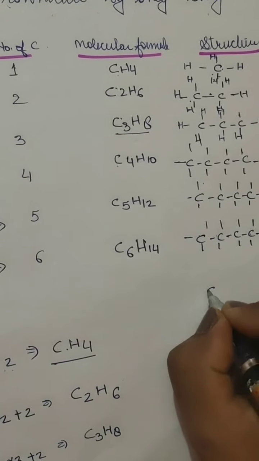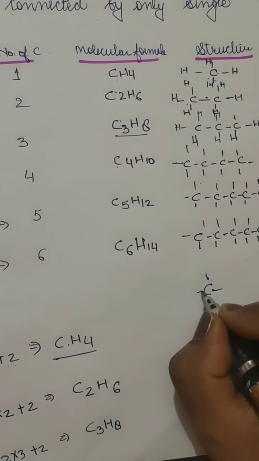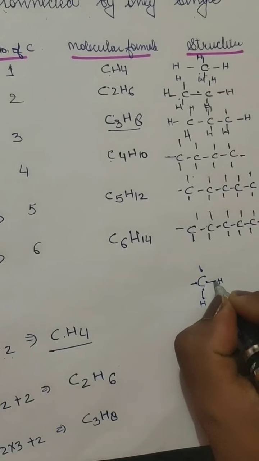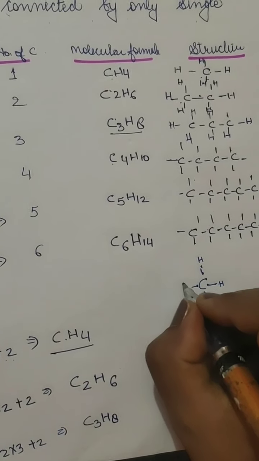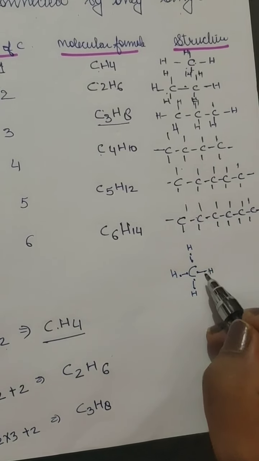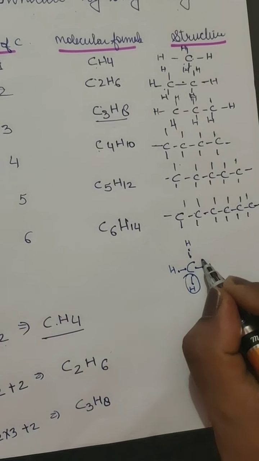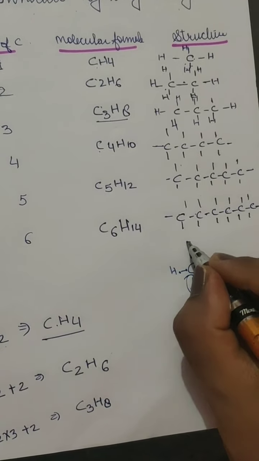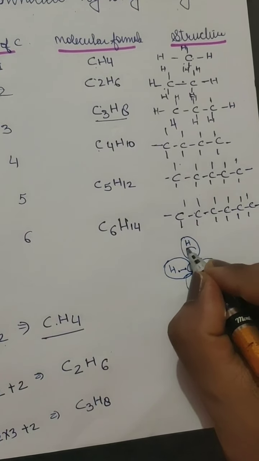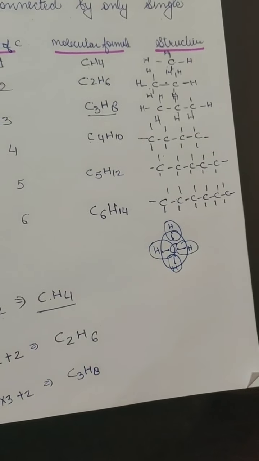Carbon has 4 electrons and each hydrogen has 1 electron, so it uses 4 hydrogens and 1 carbon to form covalent bonds. All the hydrogens will have 2 electrons, completing their duplet, and the carbon will share one electron from each hydrogen atom, so that is how it fulfills its octet.